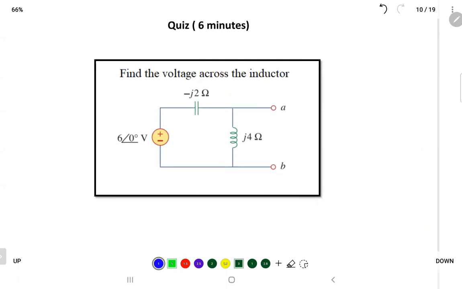Let me give you a hint. You want to find the voltage across the inductor. Use the voltage division rule. Okay.